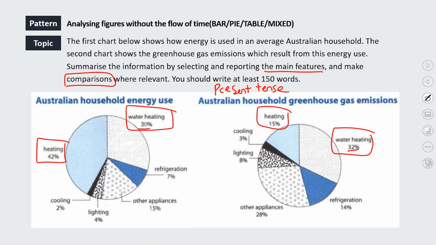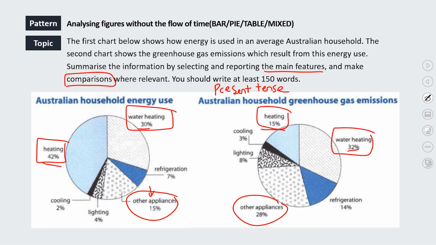So I'm thinking, okay, so heating is the biggest user of energy in Australia, but yet one of the smallest sources of greenhouse gas. And I'm like, okay, while over here we've got other appliances, which are 15% of energy use, but account for 28% of greenhouse gases. Okay, so we're looking at that.